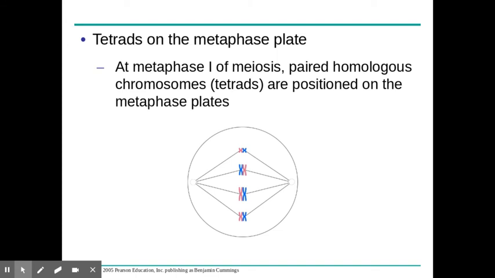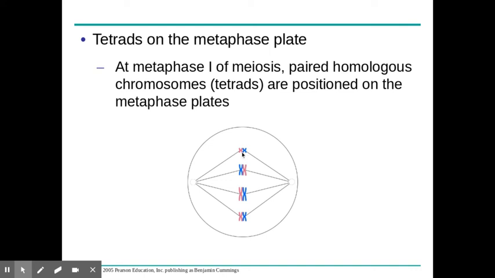Okay. The tetrads on the metaphase plate at metaphase 1 of meiosis are paired homologous chromosomes, and they are positioned so that it is an equal chance that blue is on the right side or blue is on the left side. So essentially what we're saying there is it's a 50-50 shot which side of the cell gets the dad's chromosome or the mom's.